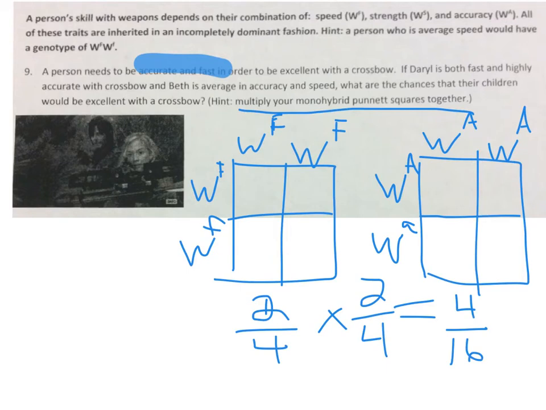So a 4 in 16 chance that they will be very excellent. That is the same as a 1 in 4 chance. Okay? Dihybrid cross still works with incomplete dominance. I'm just looking for both traits at the same time. All right? I'm going to pause there and go on to the next problem.